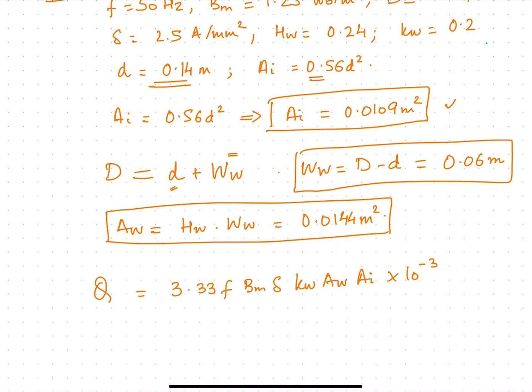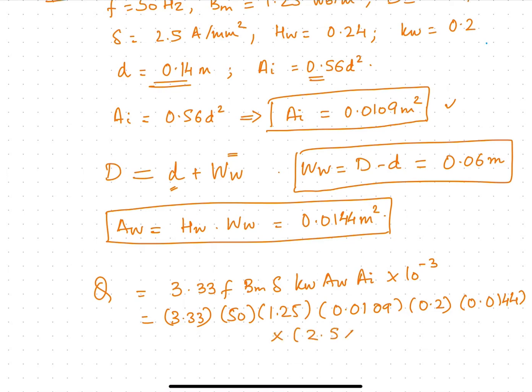So we have to substitute these values, and on substituting, what do we get? 3.33 times 50 times 1.25 times 0.0109 times 0.2 times 0.0144 times 2.5 into 10 to the power 6 into 10 to the power minus 3.